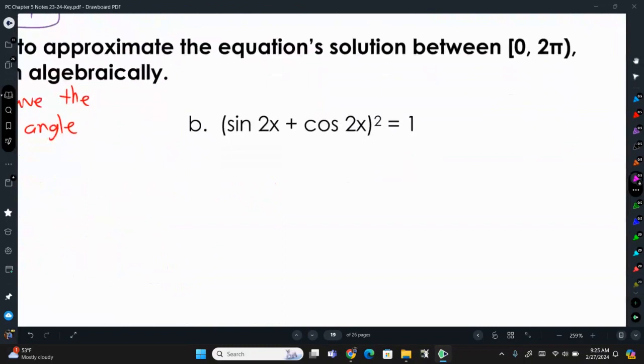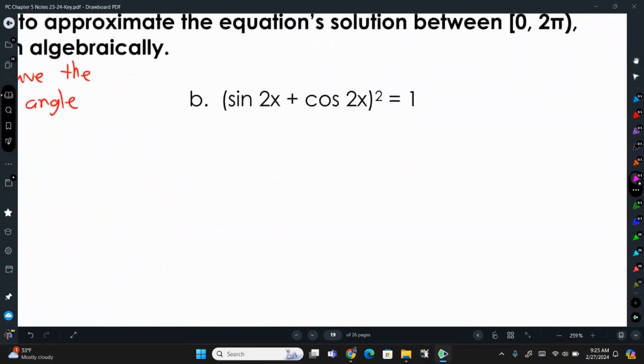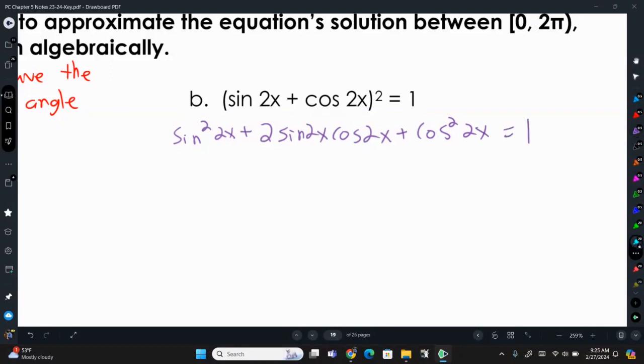Then letter B, we have sine 2x plus cosine 2x quantity squared equals 1. So we're going to multiply this out. Remember, we can't just distribute the square. So we're going to use the shortcut. This will be sine squared 2x plus 2 sine 2x times cosine 2x plus cosine squared 2x equals 1.